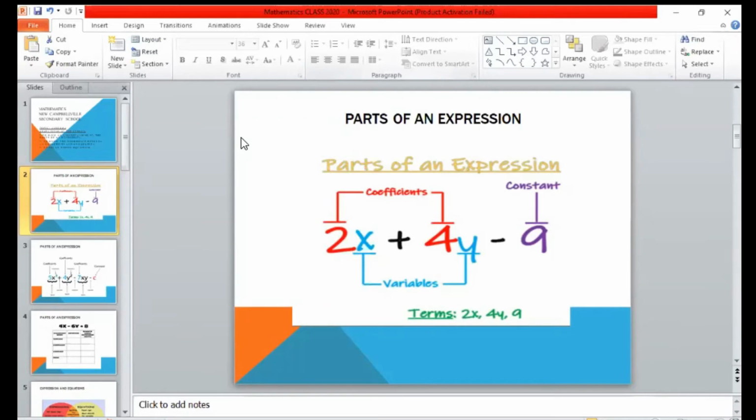Also, we want to look at how many terms are in this expression. There are 3 terms. Each term is separated by any of the 4 operations: addition, subtraction, multiplication or division. So here we have 3 terms. 2x is a term by itself, 4y is a term by itself, and 9 is a term by itself.